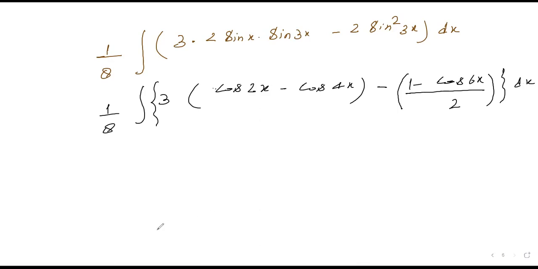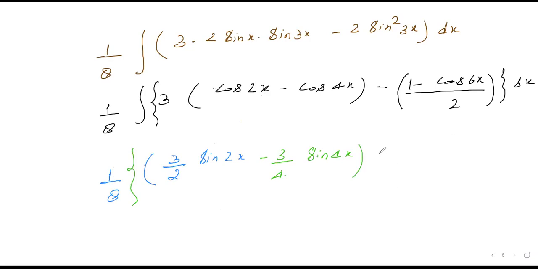Now you can integrate this one very easily. So 1 divided by 8. Basically here is 3 cos 2x. After integrating you will get 3 divided by 2 sine 2x. And here you will get minus 3 divided by 4 sine 4x.